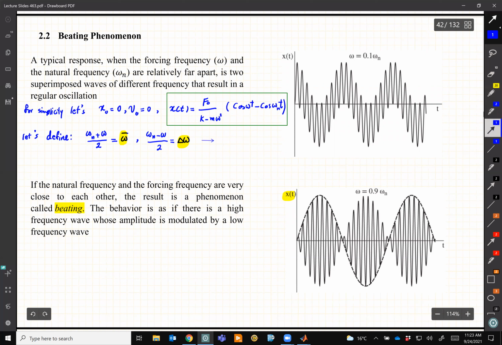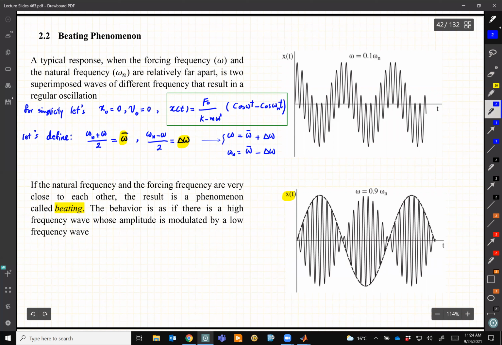Using these two equations, I can find omega and omega n. If I add them together, omega will be omega bar plus delta omega, and omega n will be omega bar minus delta omega.